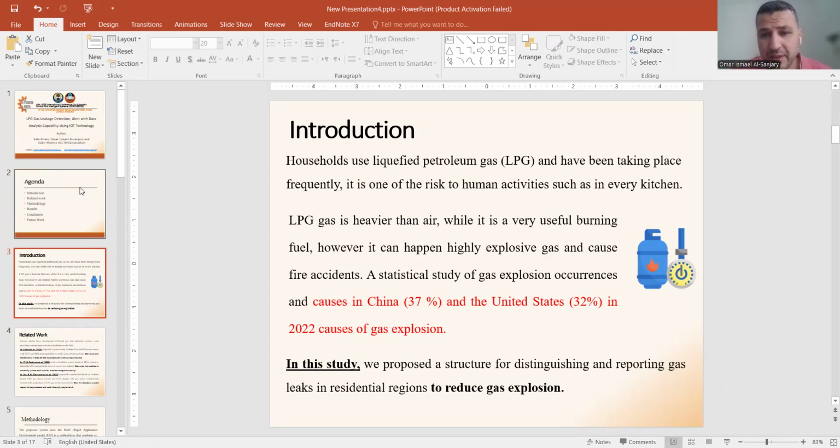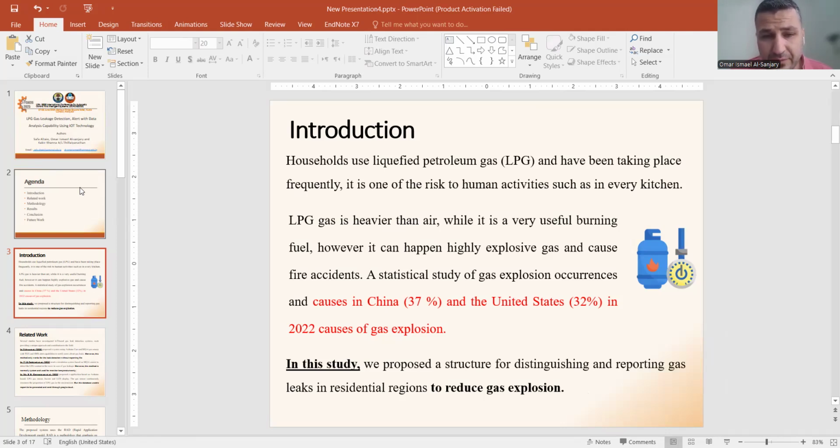So we can see here the statistical study of gas explosions in the world, especially in China and the United States, which have the highest populations in the world.